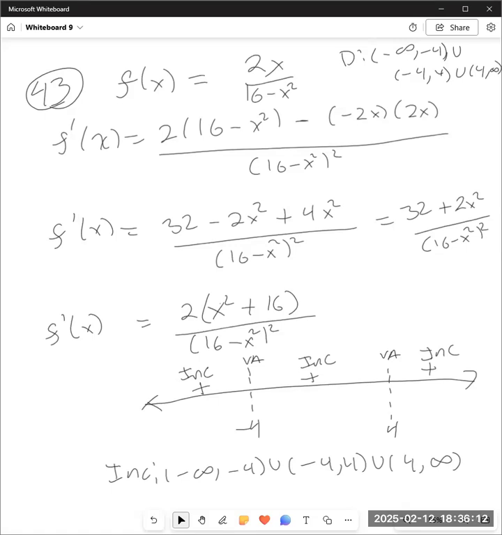No critical numbers, but discontinuities, like I said, at -4 and 4, those are vertical asymptotes. And then these are my intervals on which it's increasing.